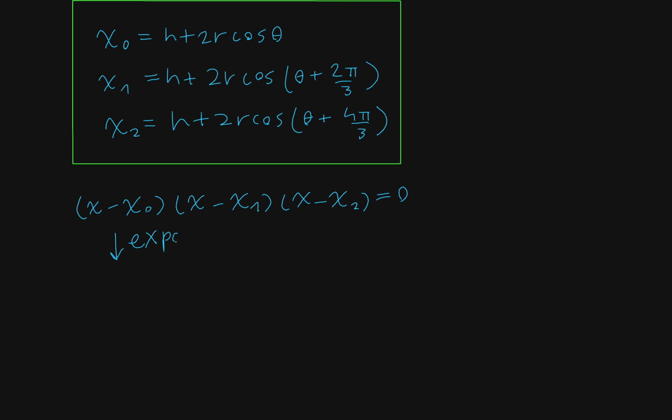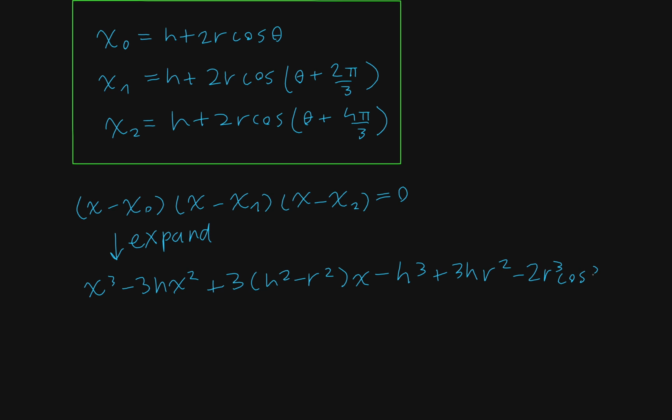So eventually what we're going to get to is x cubed minus 3hx squared plus 3h squared minus r squared times x minus h cubed plus 3hr squared minus 2r cubed cosine of 3 theta equals 0.